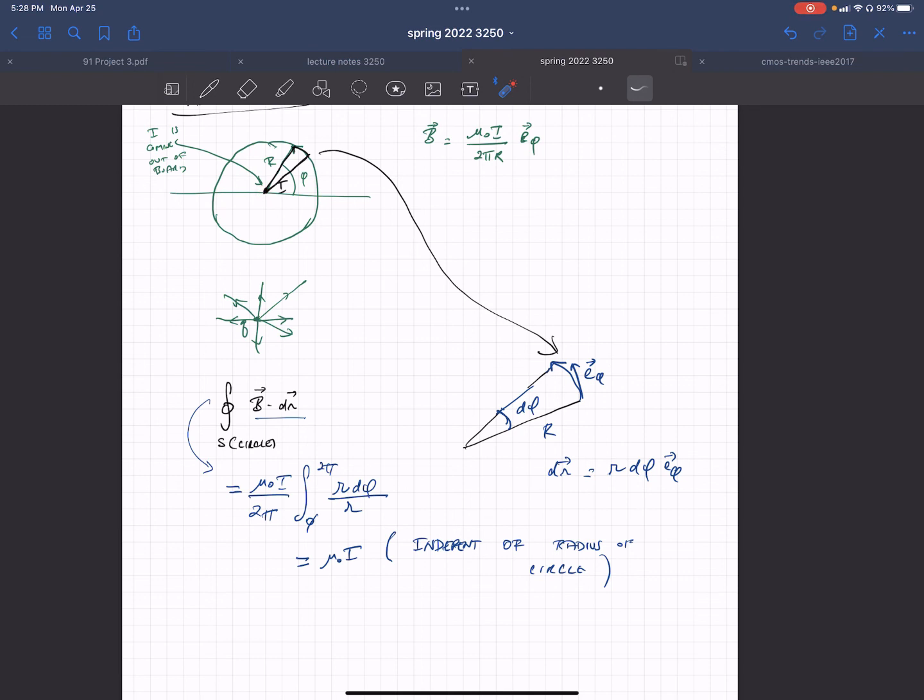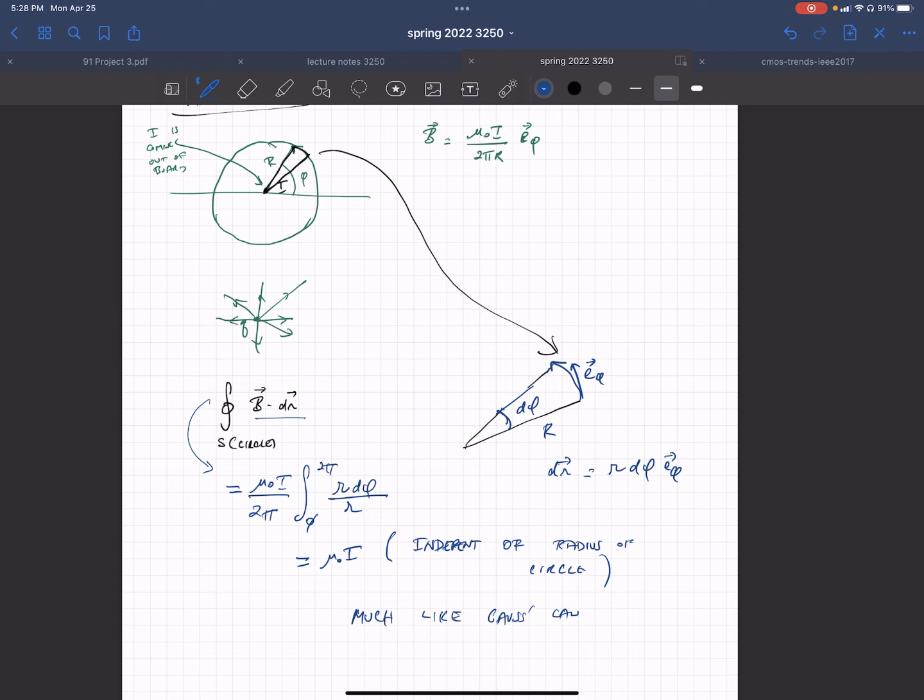Okay, and this is very analogous to Gauss's law, where the electric flux equaled the total charge in the surface.